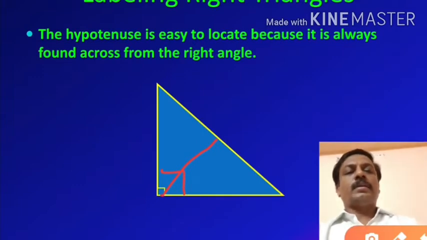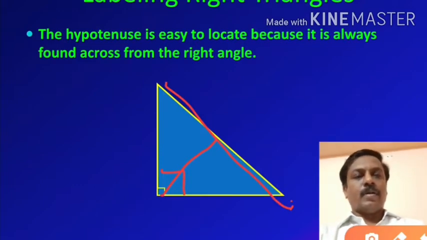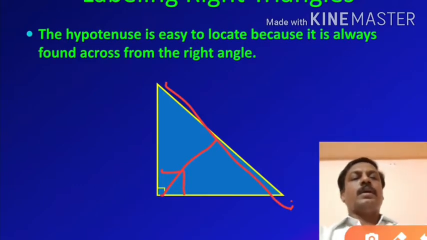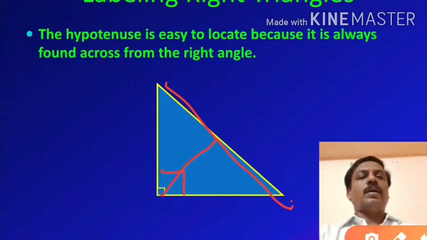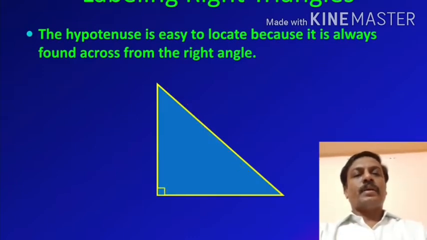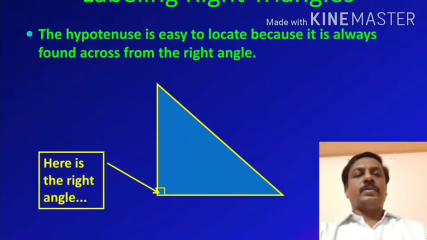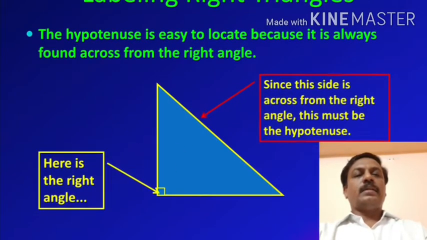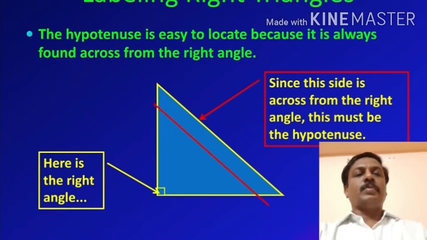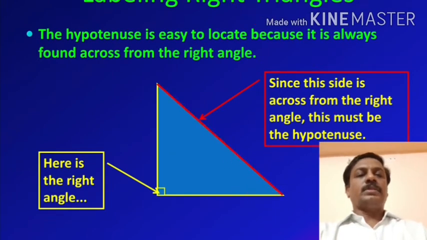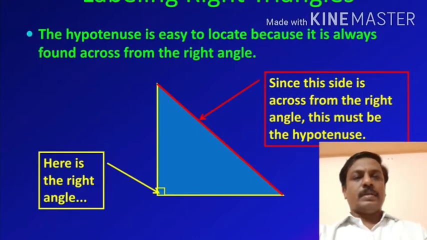So this one is called hypotenuse, or the side opposite to the right angle is called hypotenuse. This is the longest side in the triangle. Okay, so here is the right angle, then the side opposite to this right angle, which is indicated by red color, is the hypotenuse.